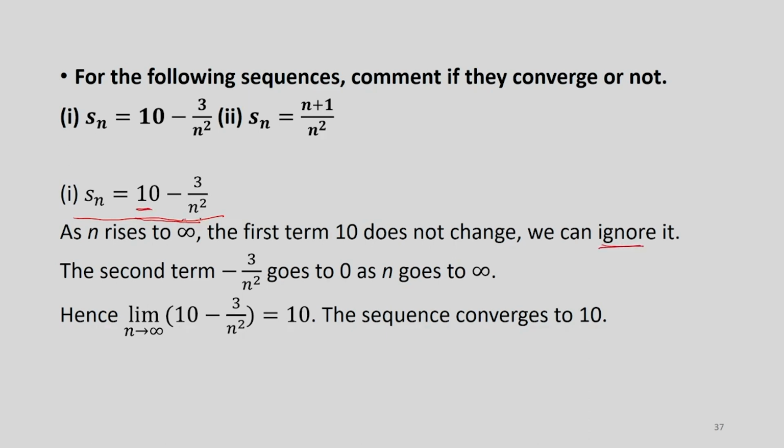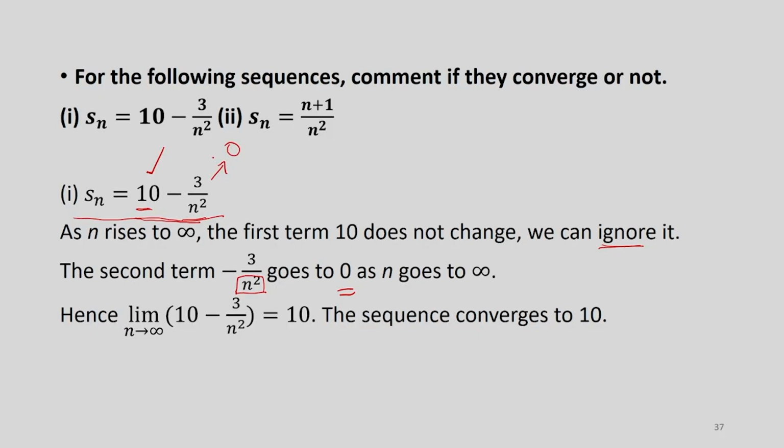What about the second term? Second term is minus 3 divided by n square. As n goes to infinity, the denominator goes to infinity. As the denominator goes to infinity, the numerator is constant. So, the term actually goes to 0 as n goes to infinity. So, the first part remains constant at 10 and the second part goes to 0.